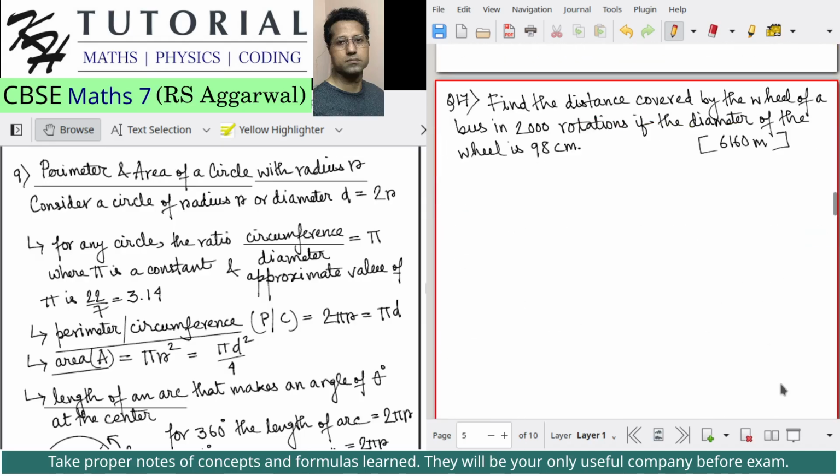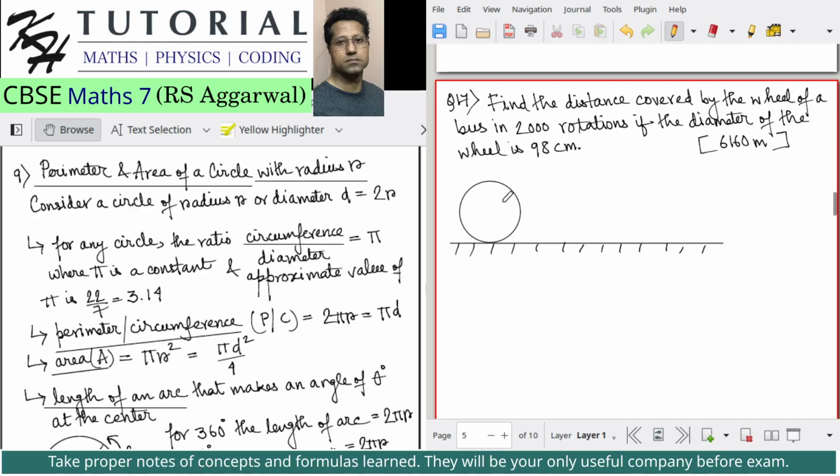Question number 17 says, find the distance covered by the wheel of a bus in 2000 rotations if the diameter of the wheel is 98 centimeter. Okay, so if we consider this as the wheel, and a bus is traveling, so this is the road on which the bus is traveling, and the circle is the wheel.